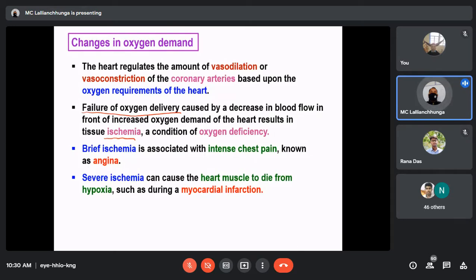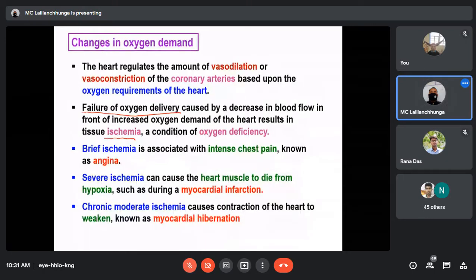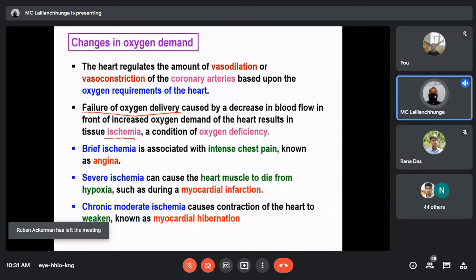Suppose there is severe ischemia, that means severe oxygen deficiency. It can cause the heart muscle to die from hypoxia, which means oxygen lack, such as during myocardial infarction. Another condition is chronic moderate ischemia, which causes contraction of the heart to weaken, known as myocardial hibernation.